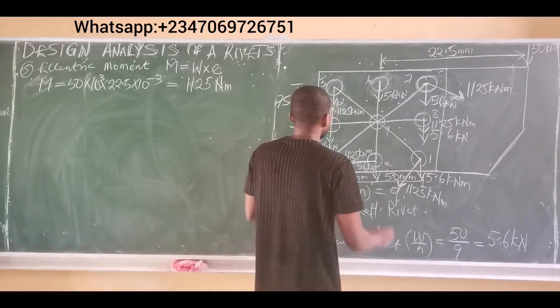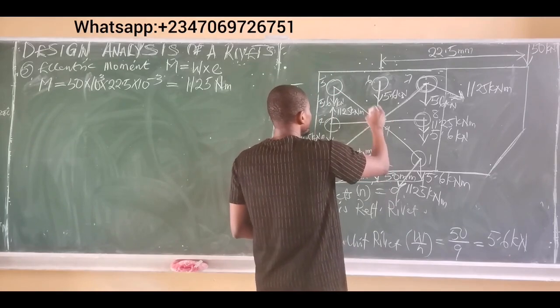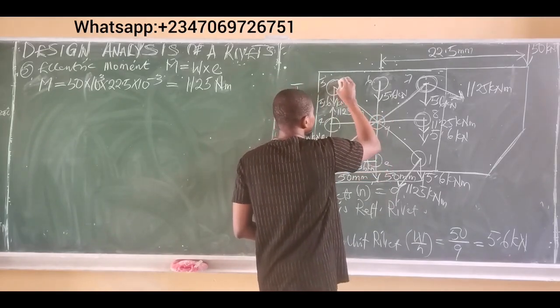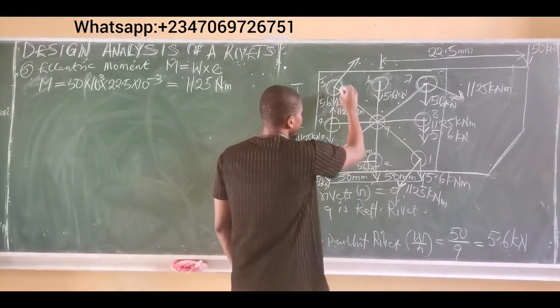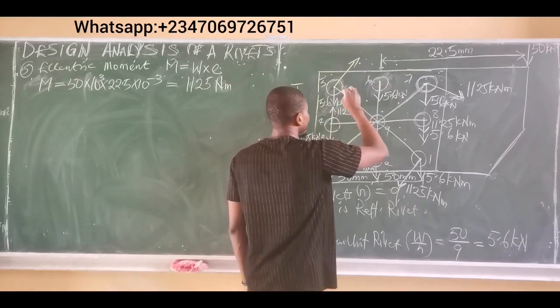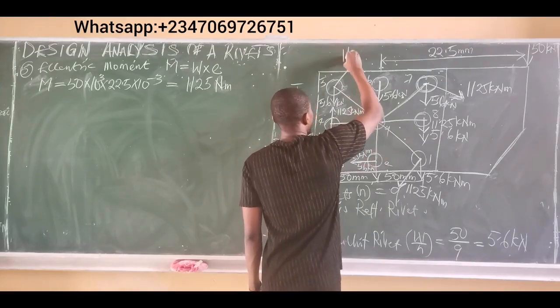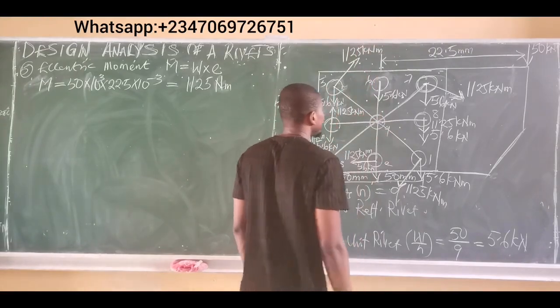Similarly, this is the line that connects this rivet to the center. So 90 degrees should be somewhere around here. Okay, so you have it to be here. Mind you, this can be confirmed. This is 90 degrees, so 90 degrees will be somewhere around here, which is 1125 kilonewtons meter.